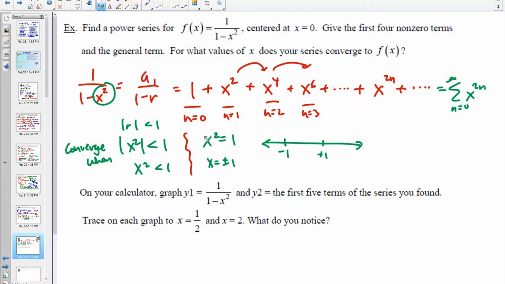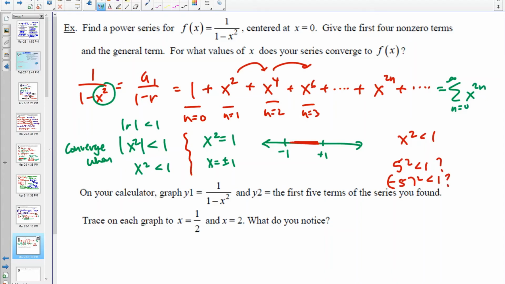test 0. If I put in 0 here, would 0 be less than 1? Yes, that's true, so you color that in. What if I put in 5 here? Would 5 squared be less than 1? No. So you would not color in this part. What if I put in negative 5? Would negative 5 quantity squared be less than 1?